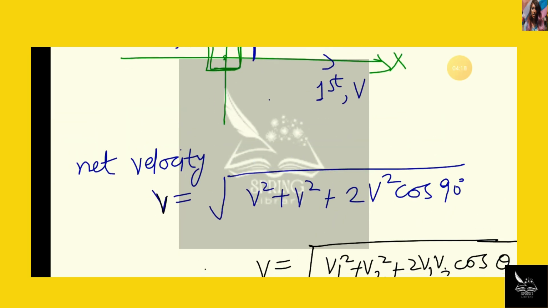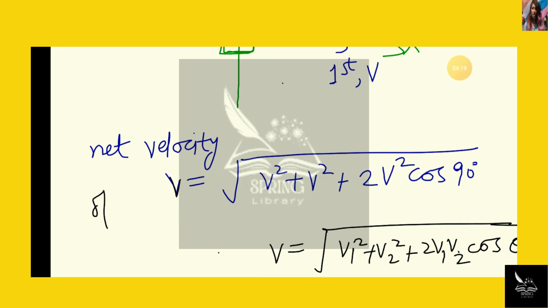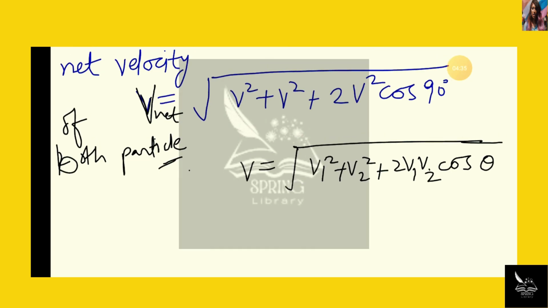Now the next step is to put in the value of v, which is given in the question as 10 meter per second.